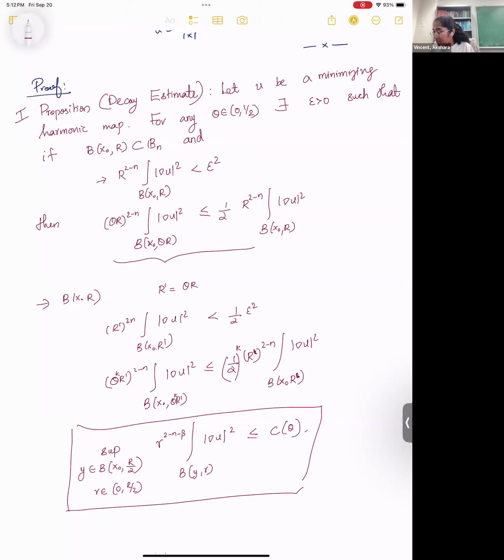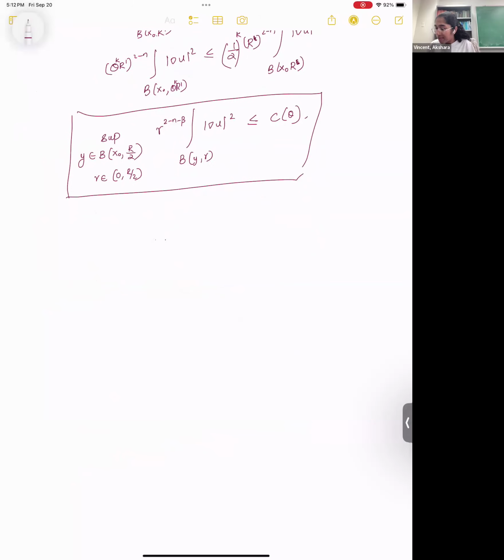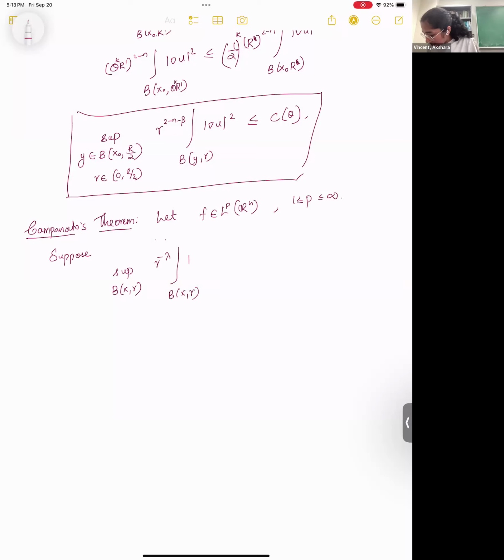So what is the advantage of having this bound? It's because of the following theorem, which is called the Campanato theorem, which states: let f be a function in L^p for some p greater than or equal to 1 and less than or equal to infinity, and assume that the supremum over x and r of r to the power some constant minus lambda times the integral over B(x,r) of |f minus the average value of f on B(x,r)|^p is uniformly bounded by a constant lambda.